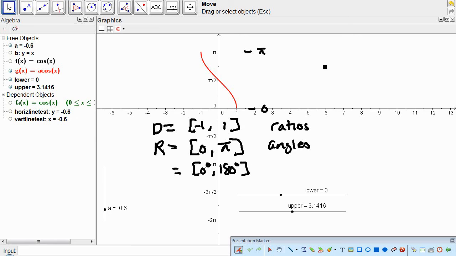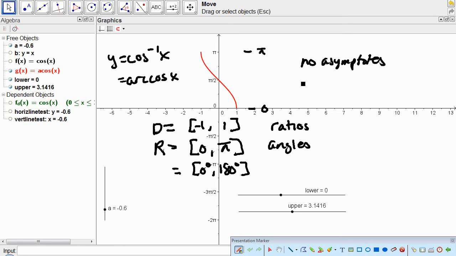Again, a cosine inverse, let's make sure we actually write that up there some way, also known as arc cosine of x, is going to have no asymptotes, and symmetry-wise, there is a point of symmetry right there. The point of symmetry happens to be at 0 comma pi over 2.